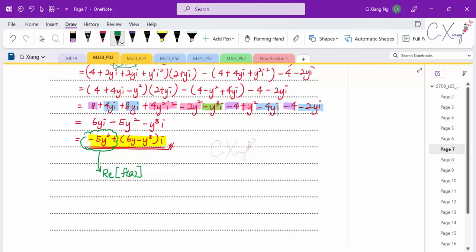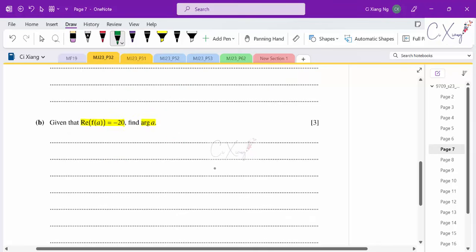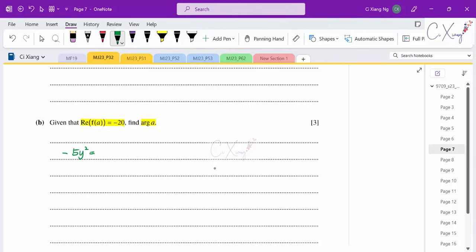So negative 5y squared is equal to negative 20. From here, I try to get the value of y. I'm having y squared equals 4, so y equals plus or minus 2. For this answer, should I accept both or only one?